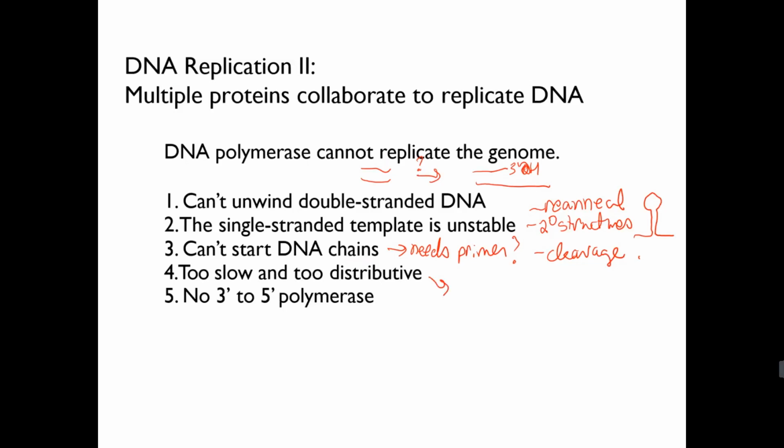The point is that DNA poly 3 is too slow and too distributive. If we write E. coli's genome, there's 5 million base pairs.